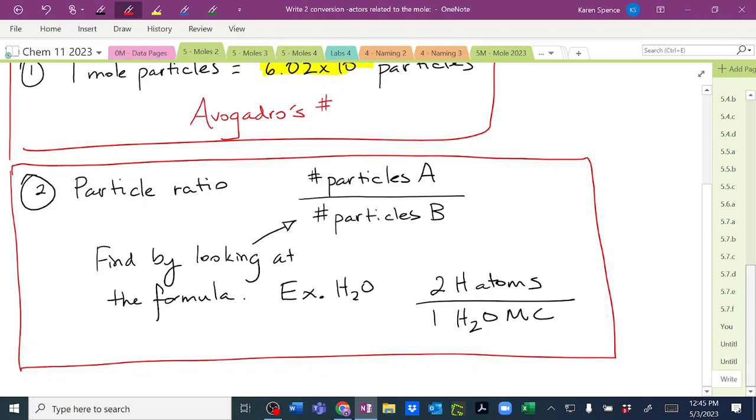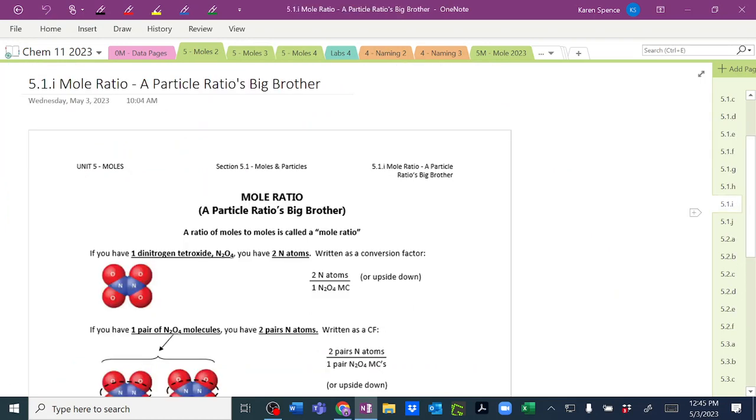Okay, so today what we're going to do is look at the mole ratio, which is very similar to the particle ratio in that the numbers are the same, we just change the units. So we're actually going to go to page 24, 5.1i.